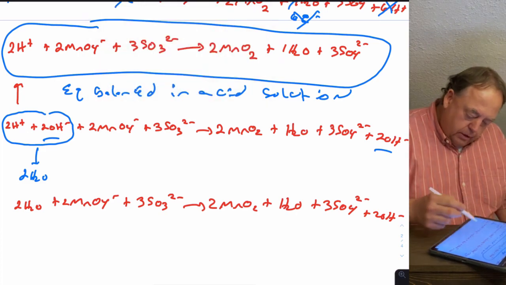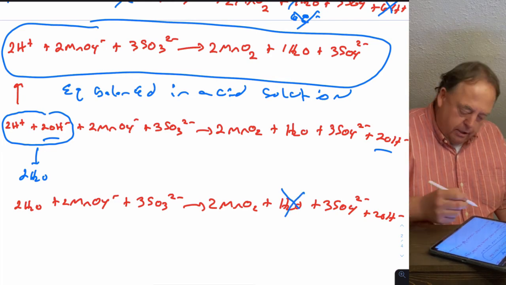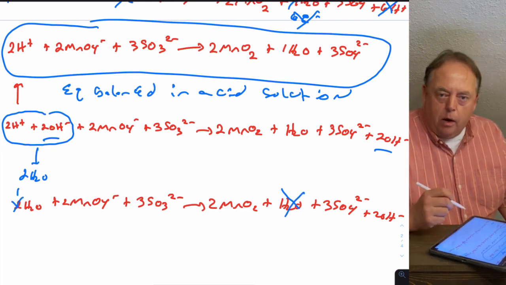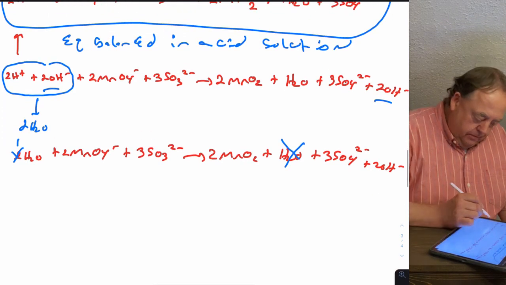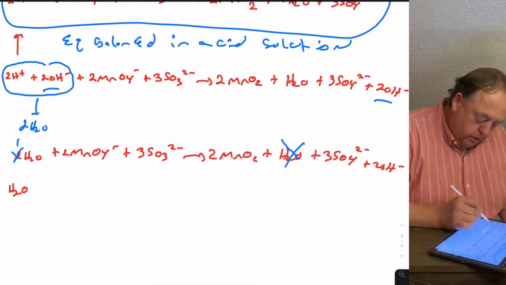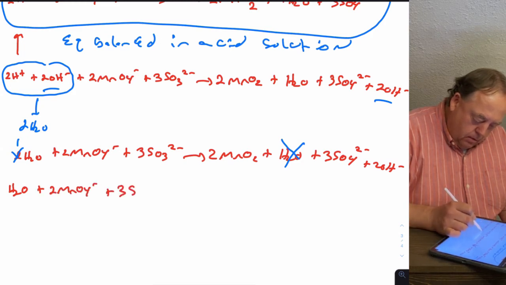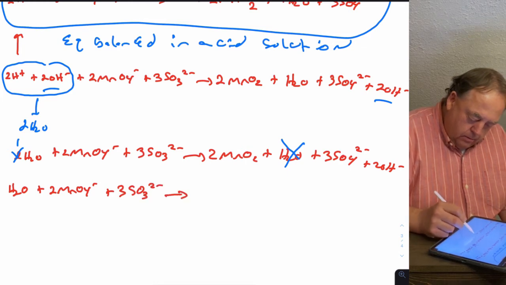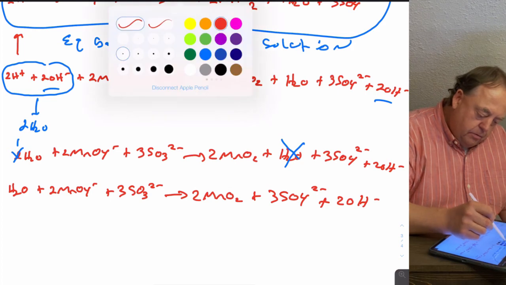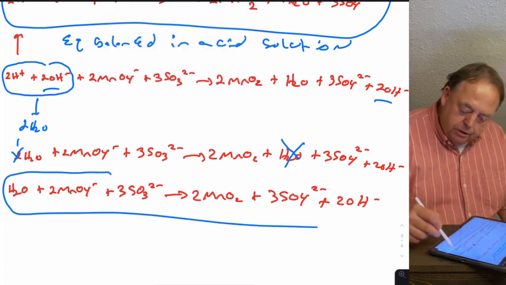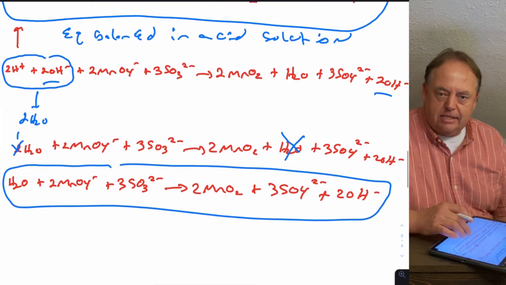So we have 2 water molecules on the left and 1 on the right, so the 1 on the right can be canceled, and that would leave 1 on the left. And then rewrite the equation again. So now we only have 1 H2O on the left. Okay, and then that would be the equation. So that's the final equation. That would be balanced in a basic solution.